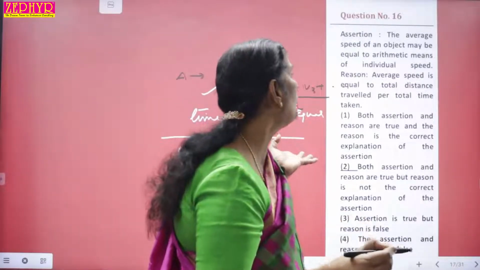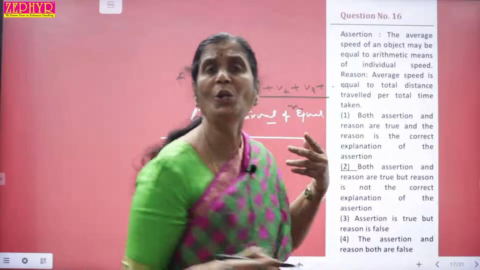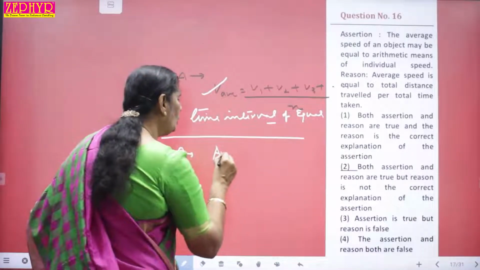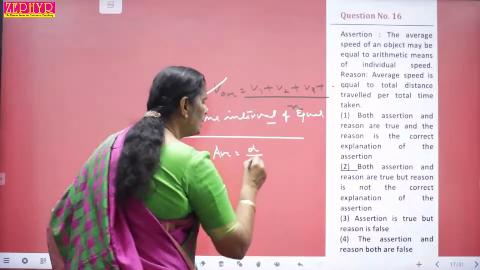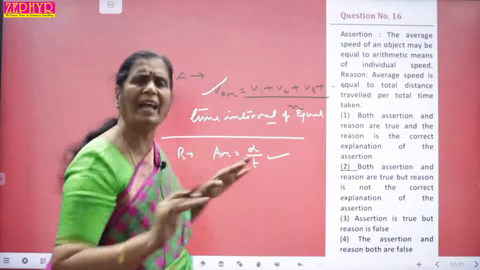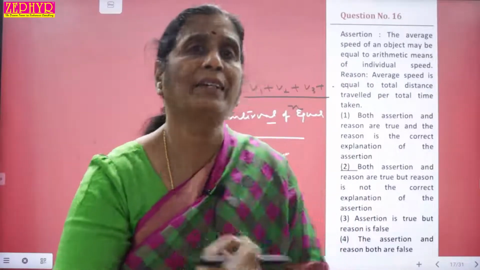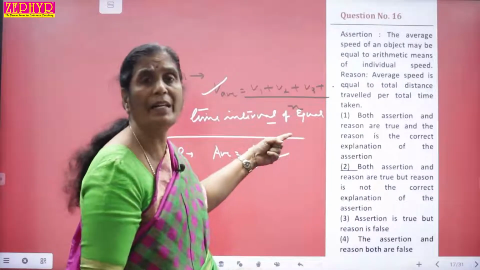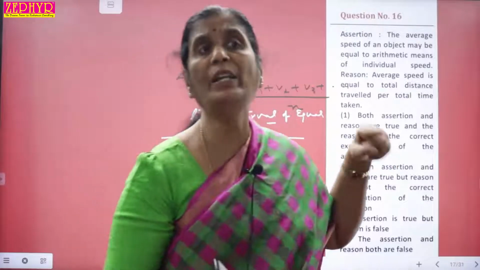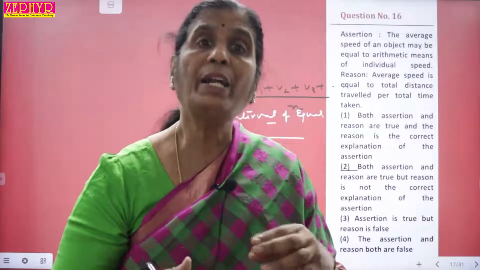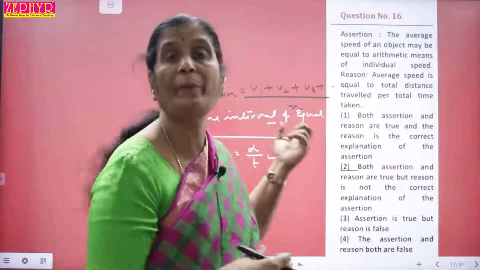Average speed is equal to total distance by time. Okay, that is correct. We know that average speed is equal to total distance by time is correct only. But that is not mentioning the time intervals. He has to mention the time interval. But if you apply this concept under equal intervals of time, then the above statement is correct.